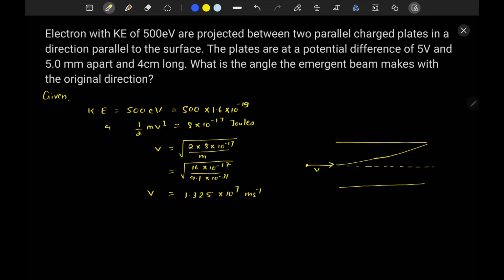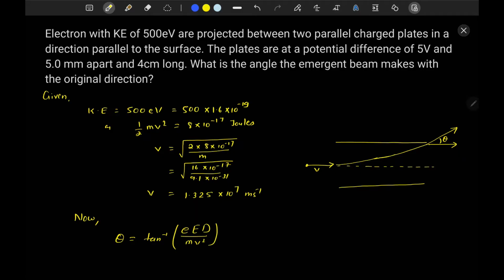Due to deviation, the electron makes some angle theta with the original or horizontal direction when it emerges from the plate, and we know that the angle theta is given by tan inverse of e E l by m v square.